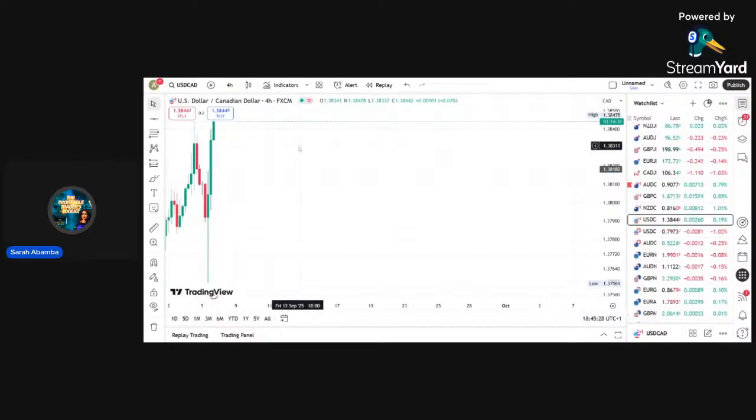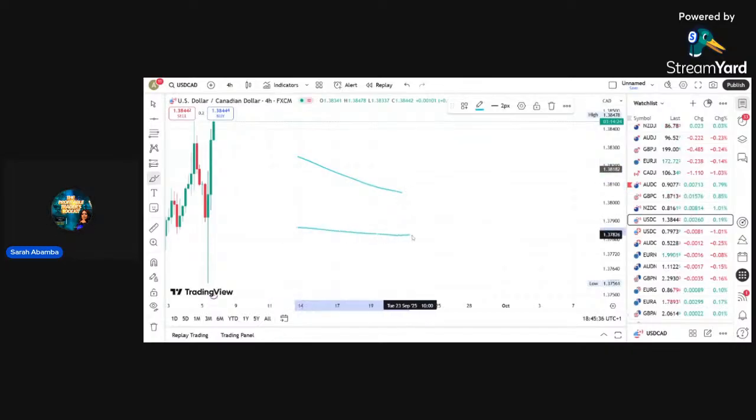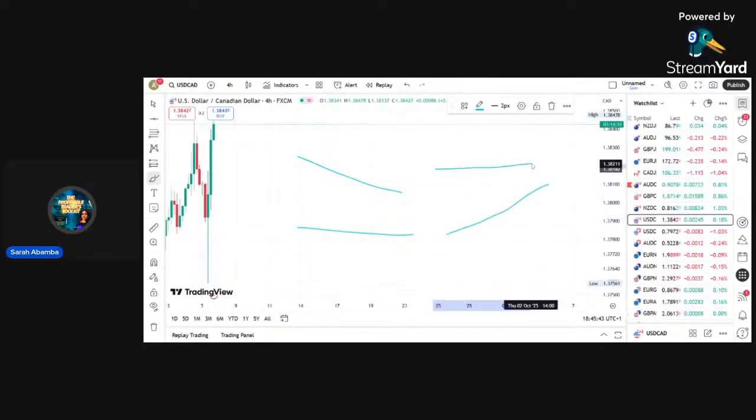So for the triangle pattern, you have a slanted top and a flat bottom, or you can have a slanted bottom and a flat top. That is a flat resistance. These are for the triangle pattern.